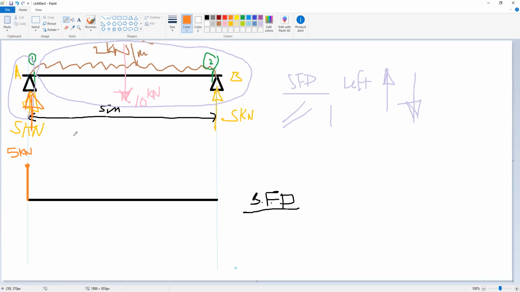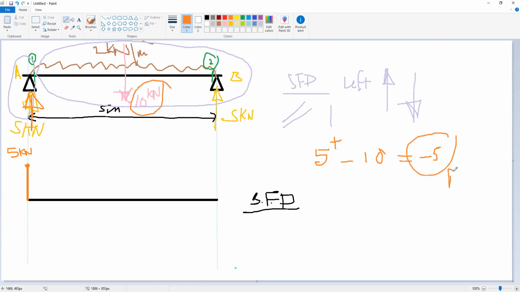Okay, from 1 to 2, what are the forces we have from 1 to 2? We have 10 kilonewton. So we have 5 positive and 10 is going downward, so we have minus 10. So we will go to negative 5.